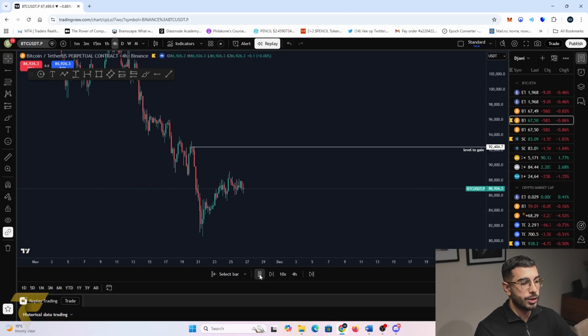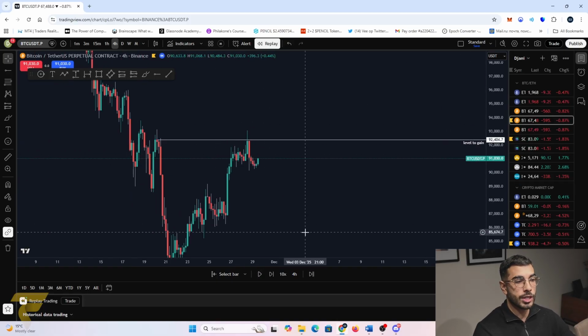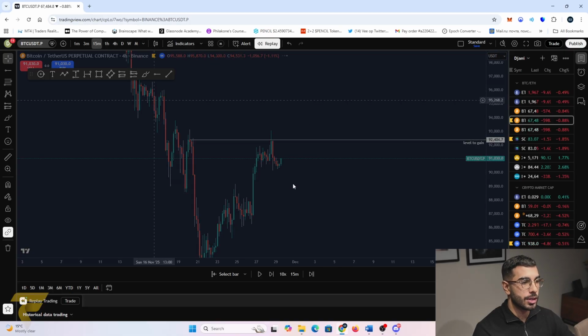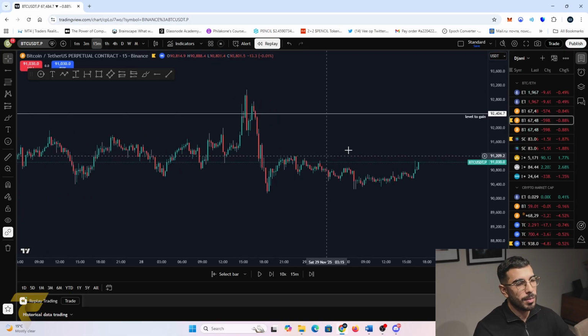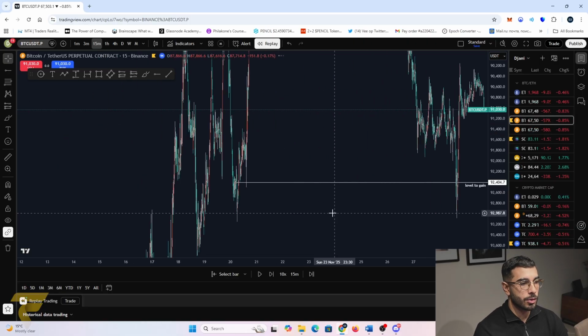So we know we need to remain patient, and then whenever price happens to go to this particular level, this is a 4-hour level. A 4-hour level means a 15-minute execution. So maybe I should actually invert the chart to make it a little bit more visible.